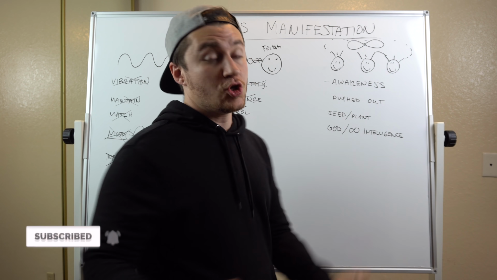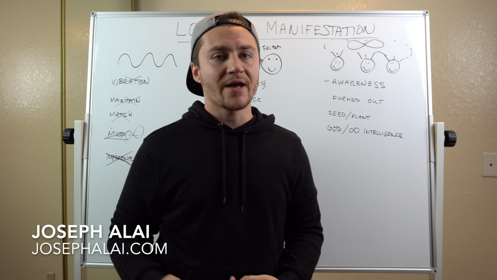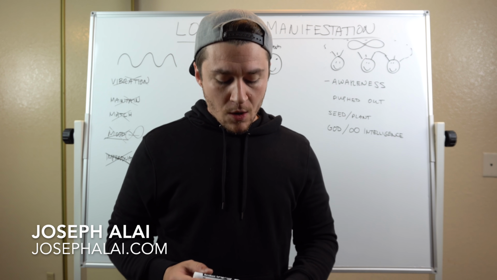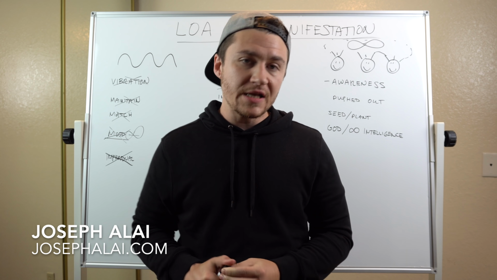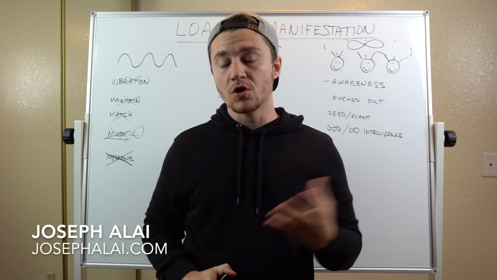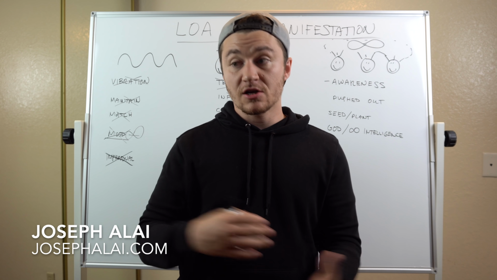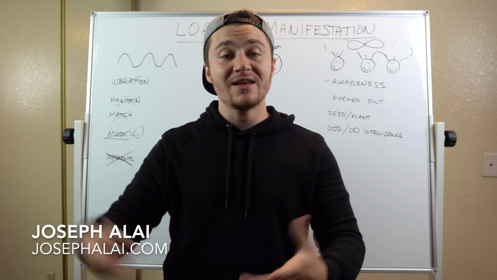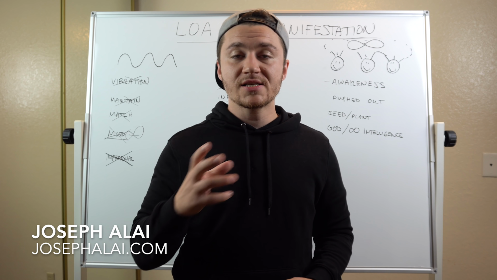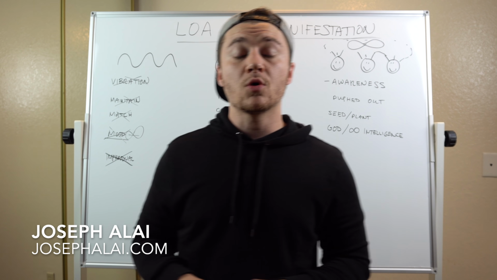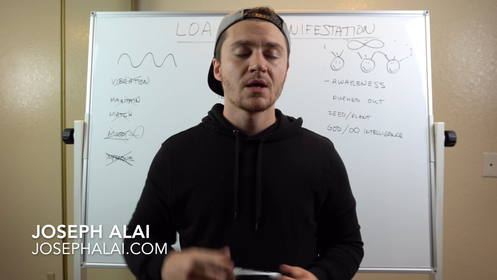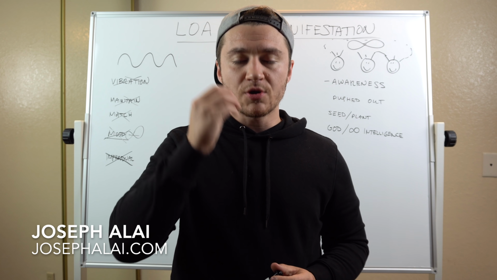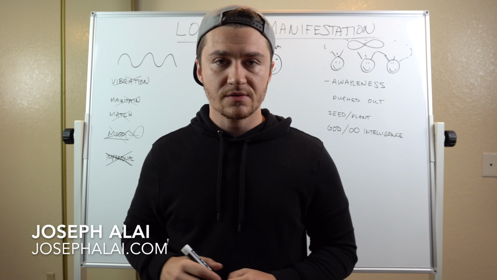And so when the human mind, Joseph Alai, imagines something, what I'm actually doing is feeding the awareness this image. So if I imagine myself being rich or married or any of these things, if I do it properly, I will impress my subconscious mind. The subconscious mind is that which is connected to this awareness, right?